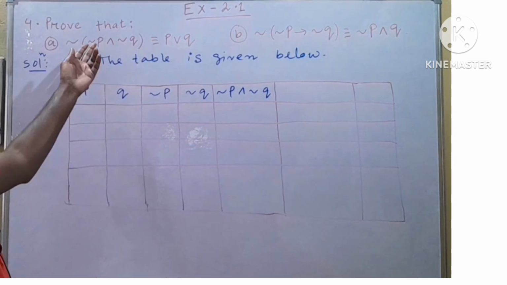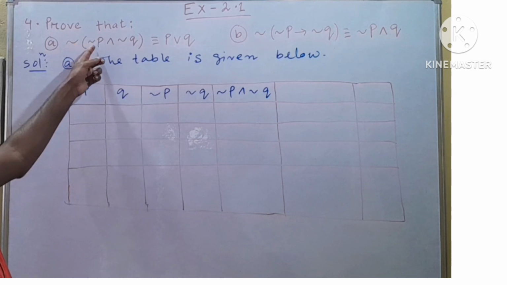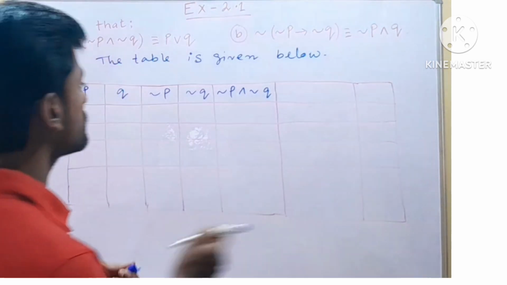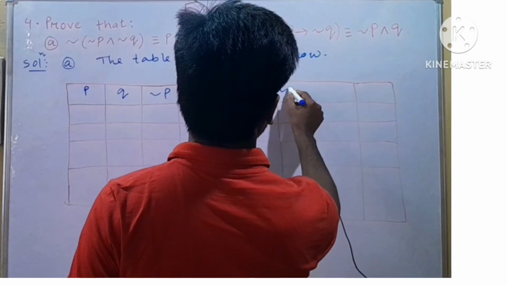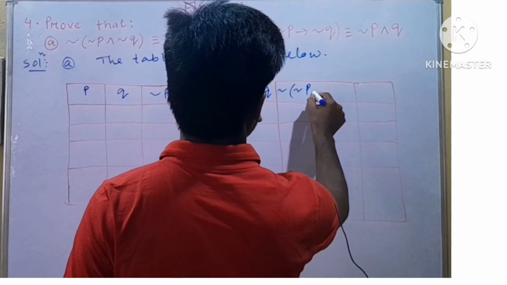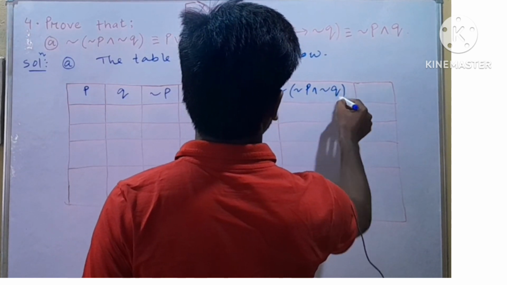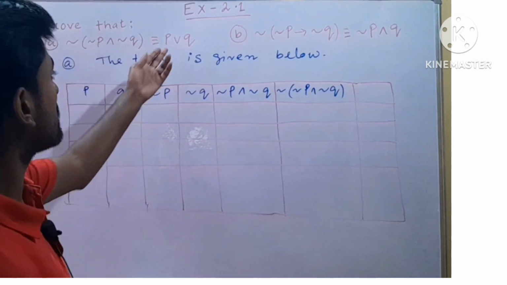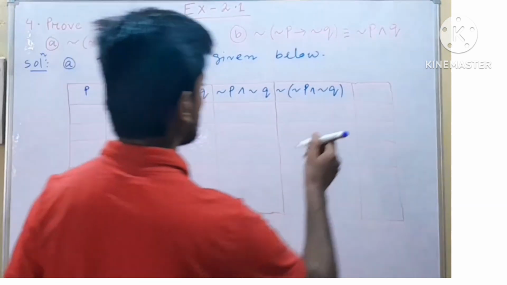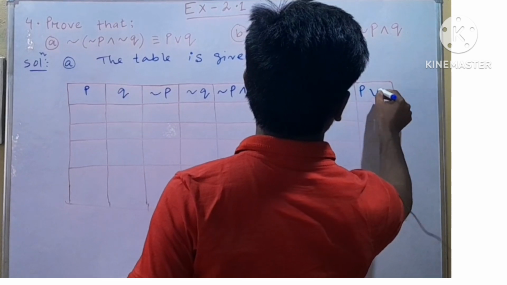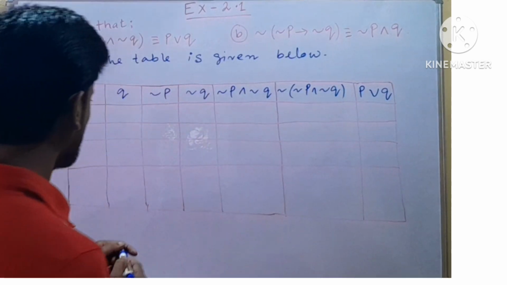Then the last one we need is P disjunction Q.